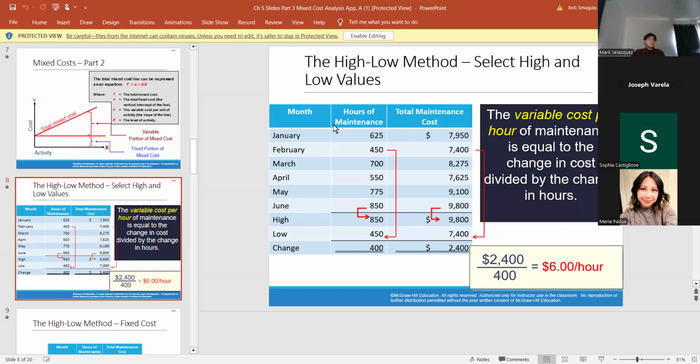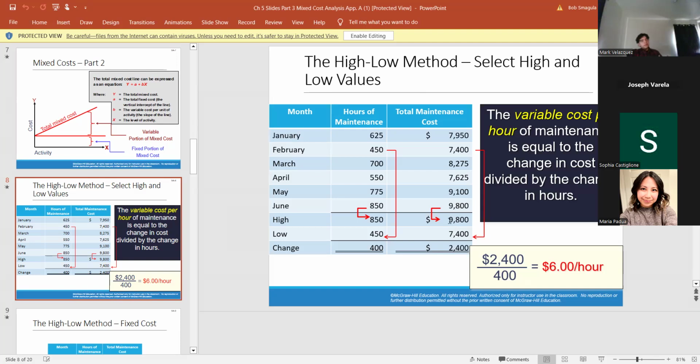Now, this is a way to get it pretty exact. The high-low method. We're going to pick the high and low of this information and do a simple calculation. We're going to start with the dollars. We're going to look for the highest and lowest dollar amount.